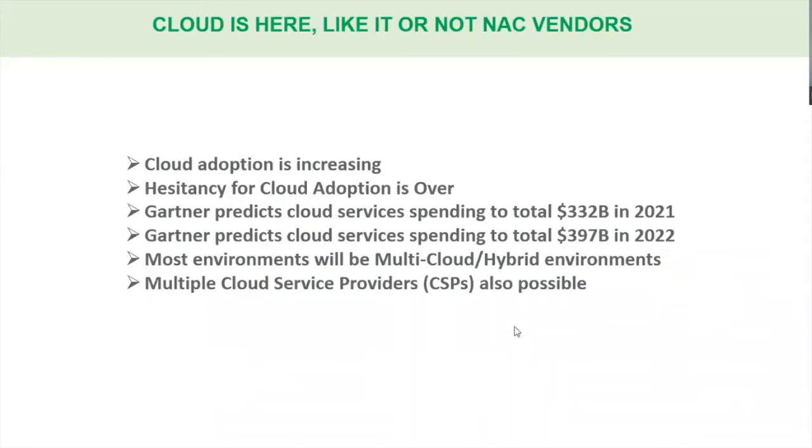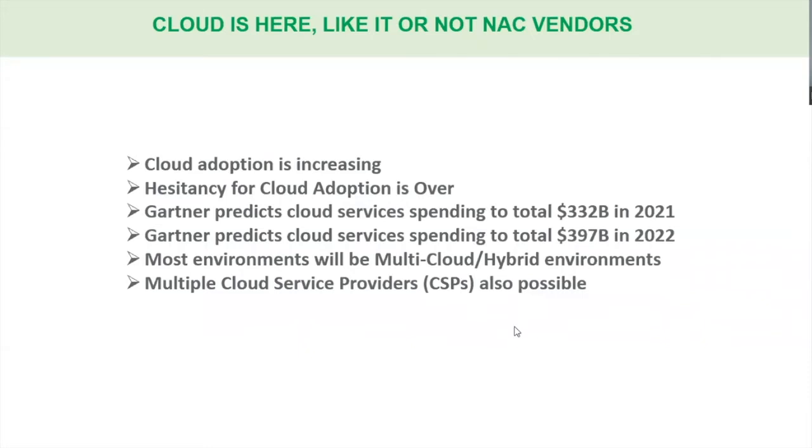So what we found here is that cloud adoption is increasing. Right now, the hesitancy we've seen for cloud adoption over the previous years is gone. Gartner predicts cloud services spending this year will total $332 billion. It's not slowing down anytime soon.